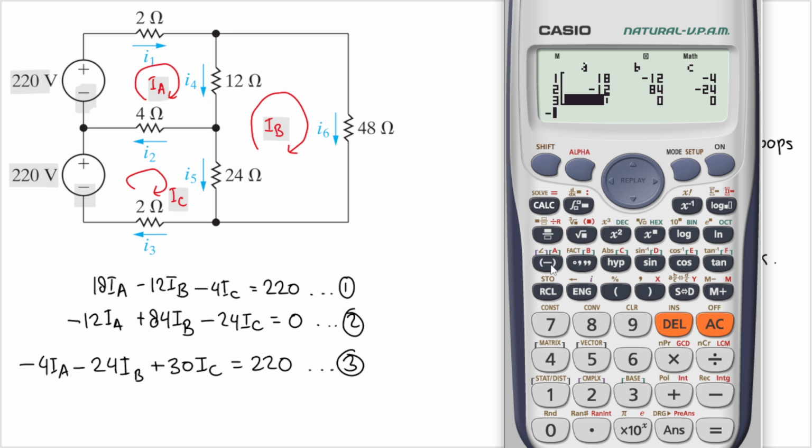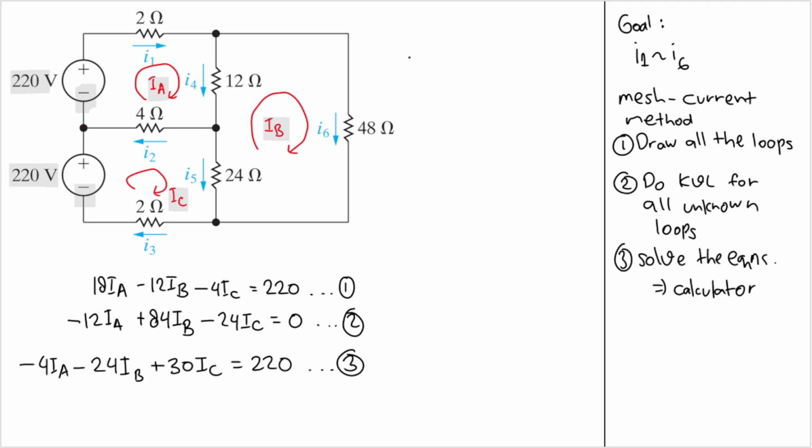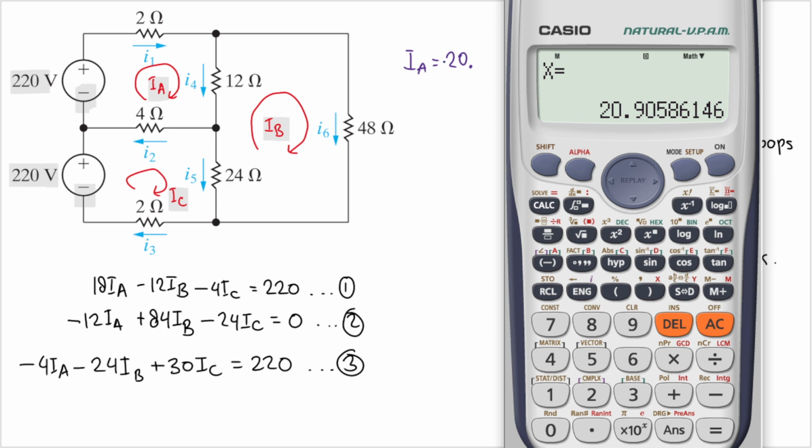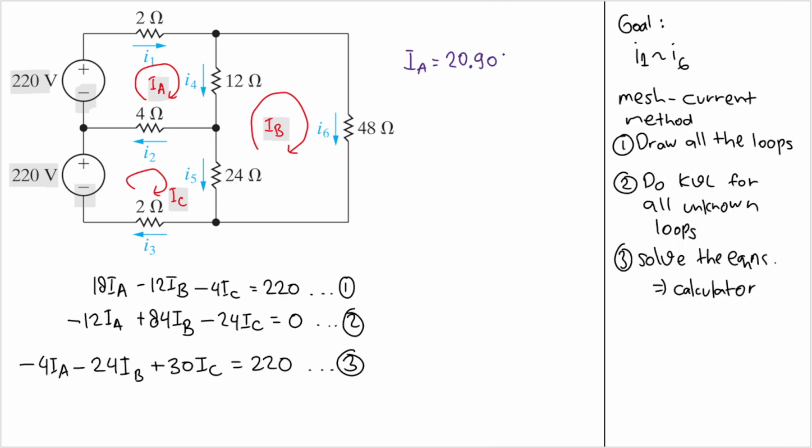Then minus 4, and then minus 24, and then 30, and all of that will equal 220. Good, and we have our IA value here, which is 20.906. That is not a nice number, so we just write it: IA is 20.906, and the unit here is ampere.